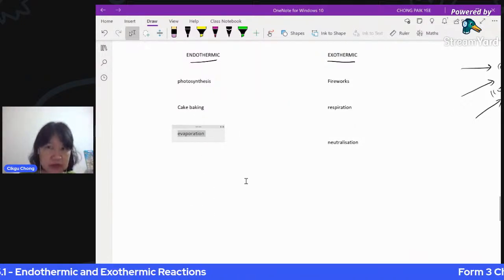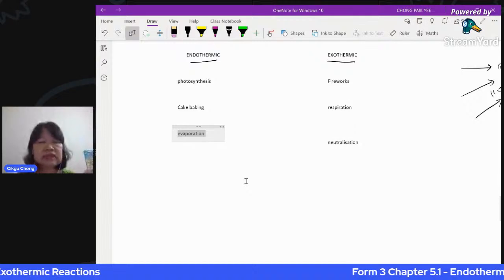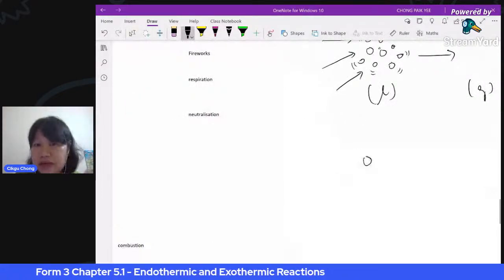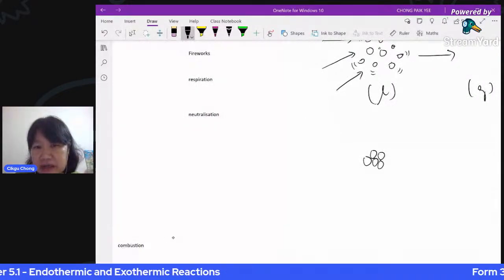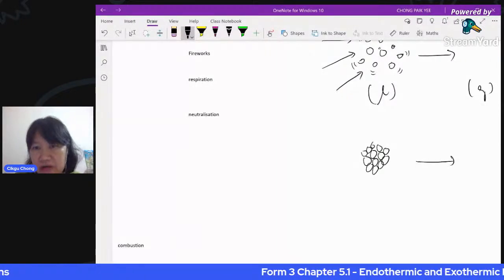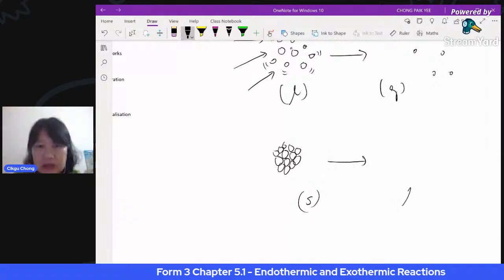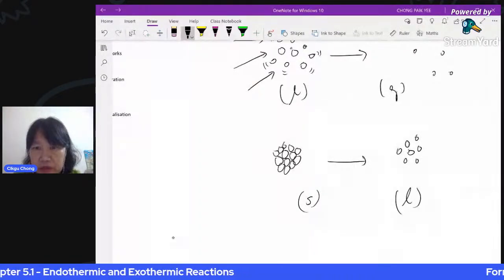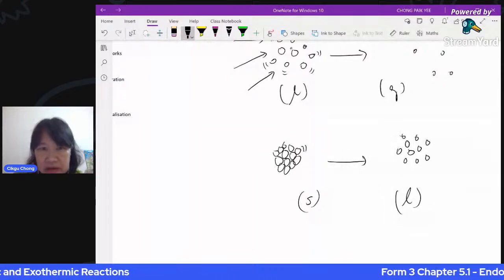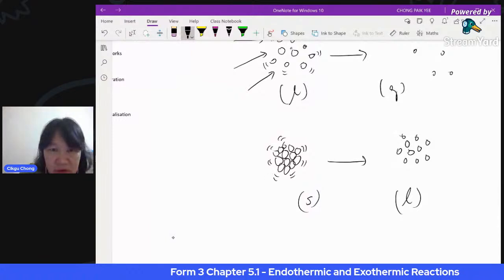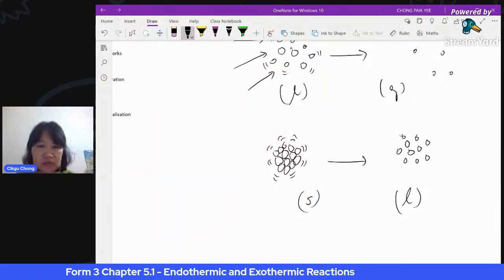So in this sense, what about melting? Melting is from solid to liquid, right? So I'm going to draw ice now. Melting ice. This is solid. Everything is all together. Now it wants to become liquid. Liquid means like this, further away. So when it's further away, the molecules here have to move more or less? Does the movement need to be more vigorous or not?